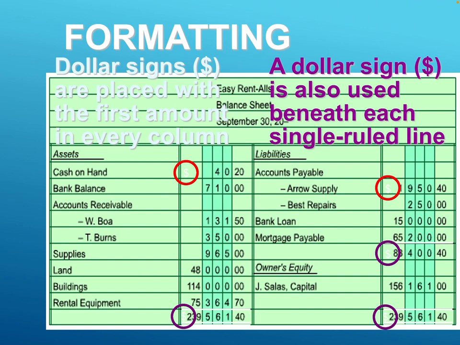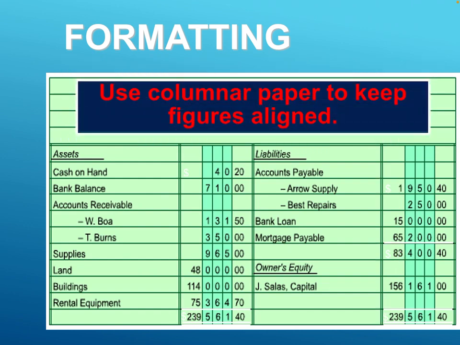What we're trying to do is indicate that we're using dollars by putting them on the first ones, as an indicator, so you're able to navigate much easier by following these conventions. So you can see where the dollar signs are placed: at the first amount in every column, and beneath each single ruled line. So remember to do that formatting.